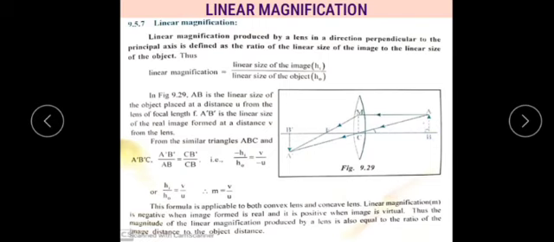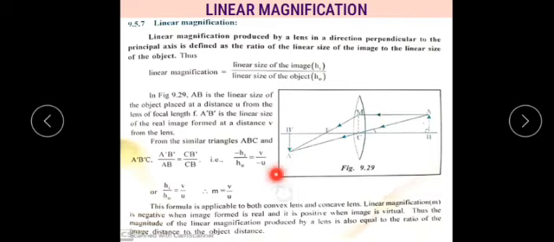The remaining term is CB dash, the distance from the optical center to B dash. This is the image distance, which is taken as v here. Another one is CB, which is the object distance taken as u, but this is considered as minus u according to sign convention, because all measurements are from the optical center to the B side, but the direction of incident light is opposite to this.